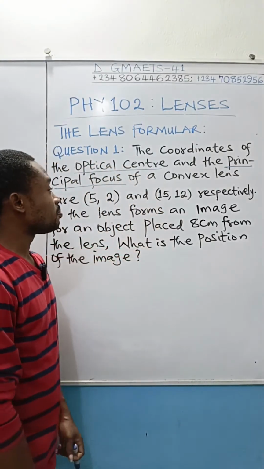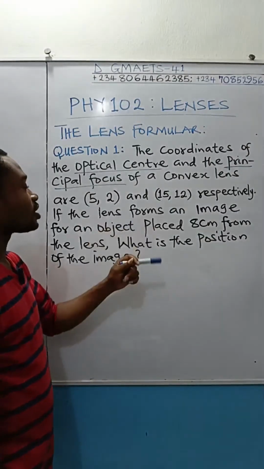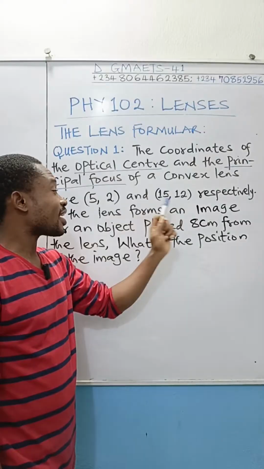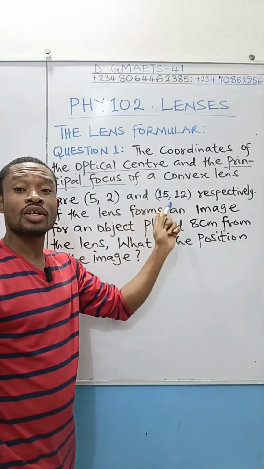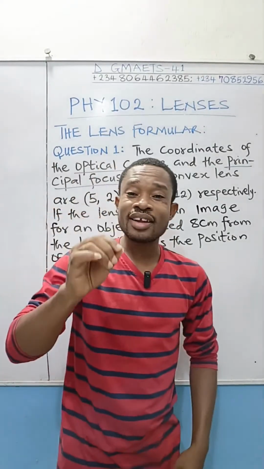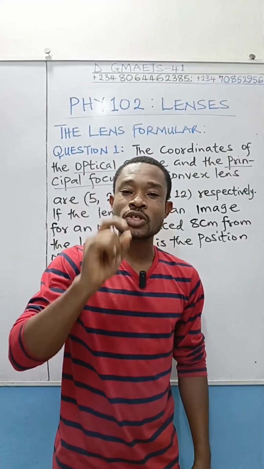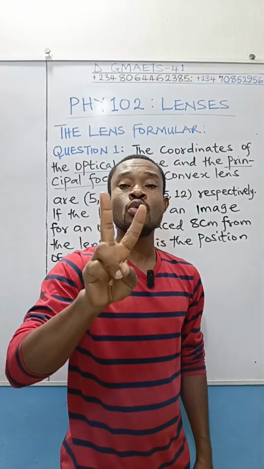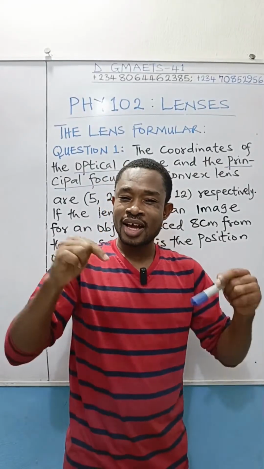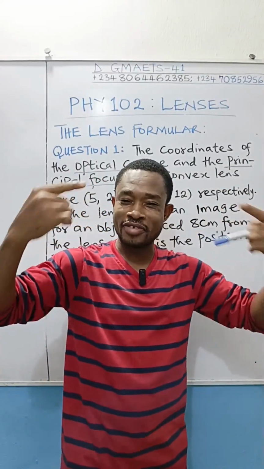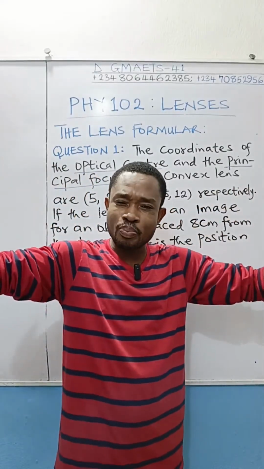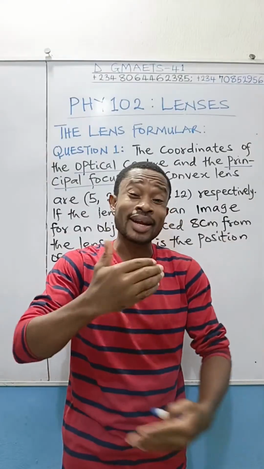Having explained this, it means that we can calculate our focal length from these coordinates, knowing that focal length is simply distance between two points. You see how we've sent out the network of our brain to bring information for us so we can analyze this question.